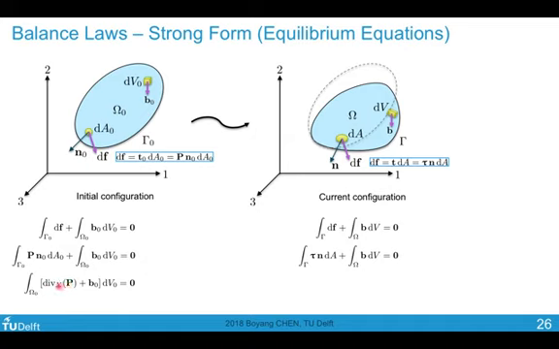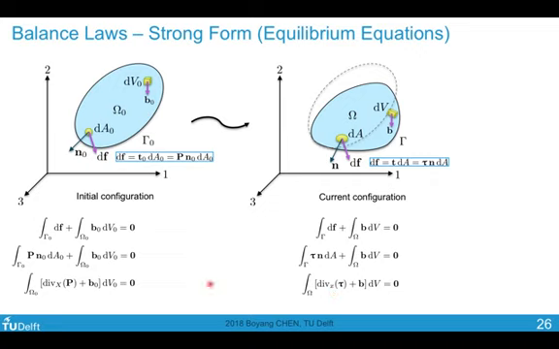Of course, this divergence would be taken with respect to the coordinates in the initial configuration, which is capital X. Similarly, we can use the divergence theorem to transform the surface integral into a volume integral, and the divergence here will be taken with respect to the coordinates in the current configuration, which is small x.